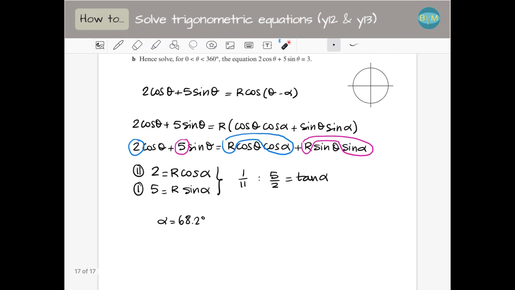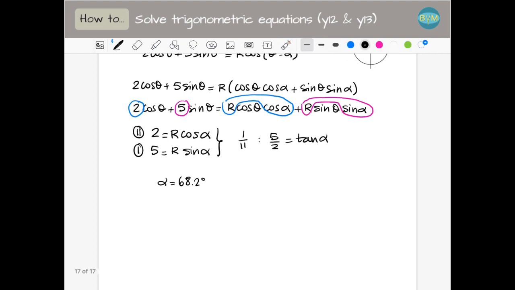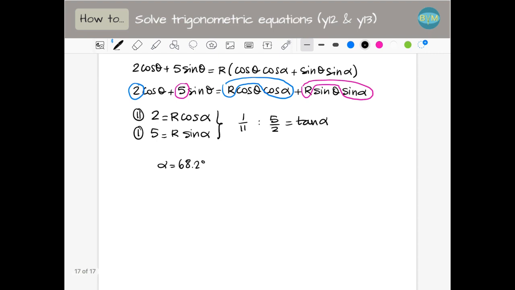And then to find r, you could substitute alpha here and find sine, and then do r is 5 divided by sine, but sometimes you don't get the exact answer and they ask you for the exact answer. You will see that some exam questions say find the exact value of r. The best way is to use sine squared alpha plus cos squared alpha is 1.